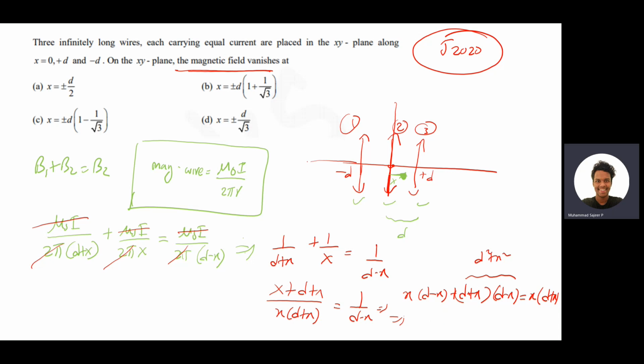That x square and this x square will cancel. So we can write it as d square plus xd minus 2x square equal to dx plus x square. Then it comes as 3x square equal to d square, and this can be written as x equal to plus or minus d by root 3.